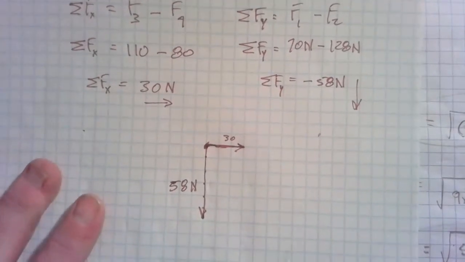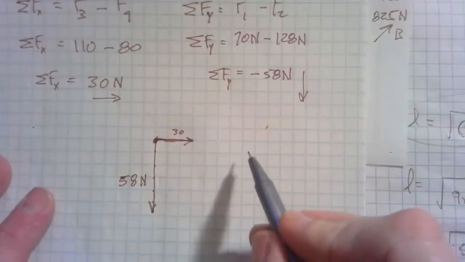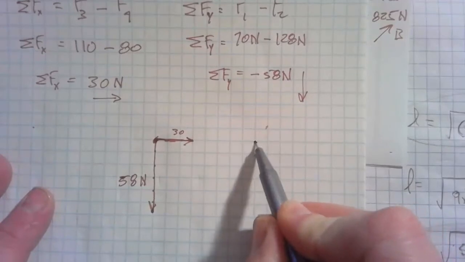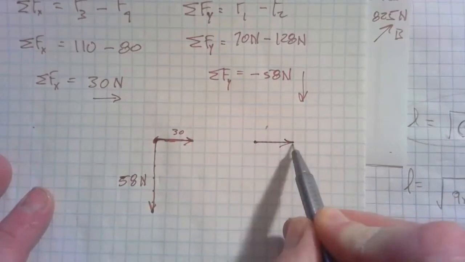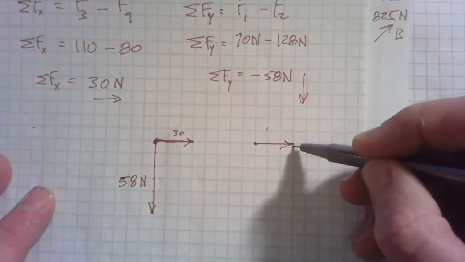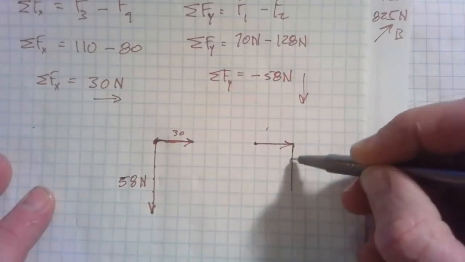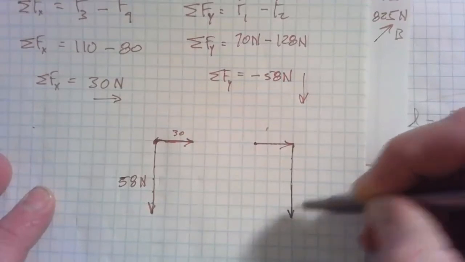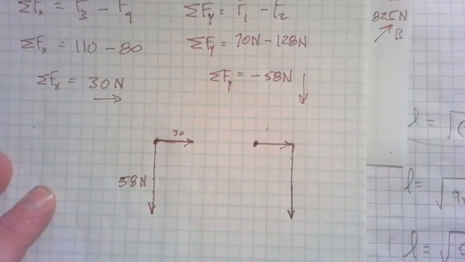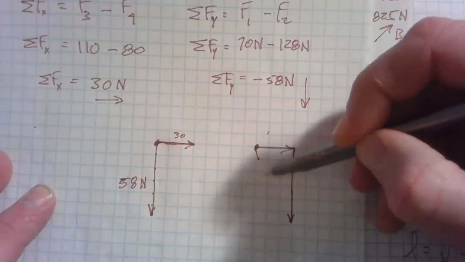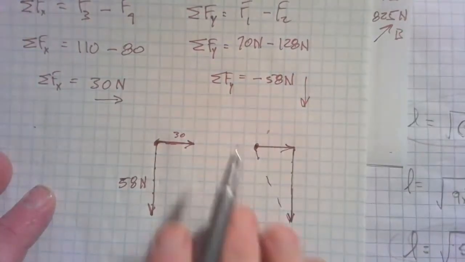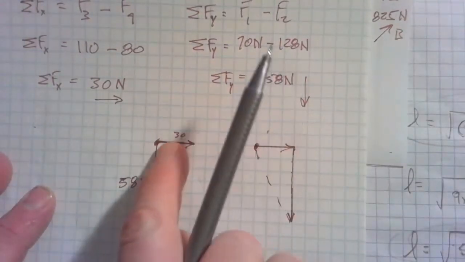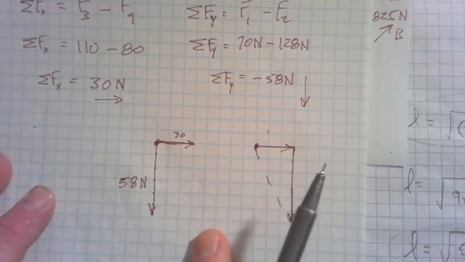What I would have you do to get the direction right is draw the 30 first, from here to here, and then starting there, do the 10, 20, 30, 40, 58. And from where I started initially to where I ended, that's the direction. So it's down and to the right, which kind of makes sense. If you're pulling this way and this way, it's down to the right.